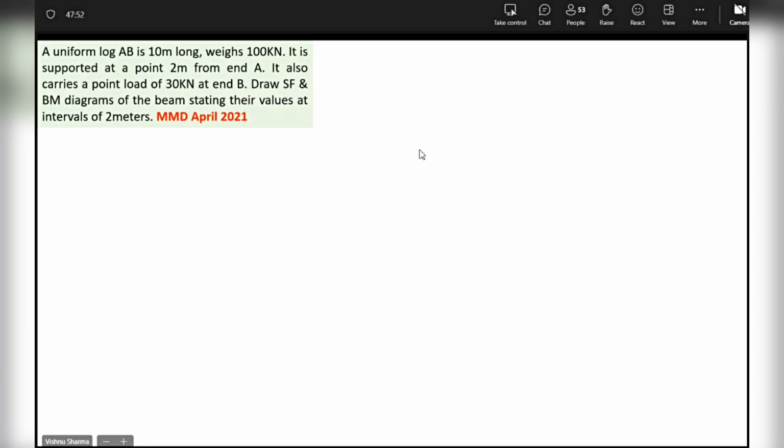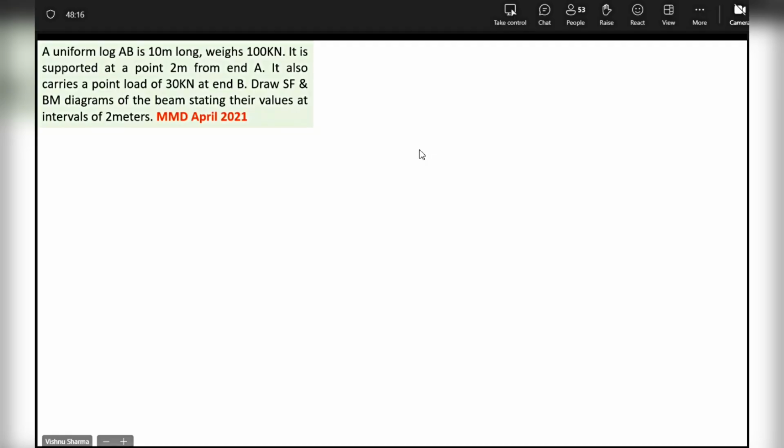But where is the support? It's not at the ends. It's 2 meters inside of end A. It also carries a point load of 30 kilonewton at end B. Draw the SF and BM diagram of the beam, stating their values at the interval of 2 meters.